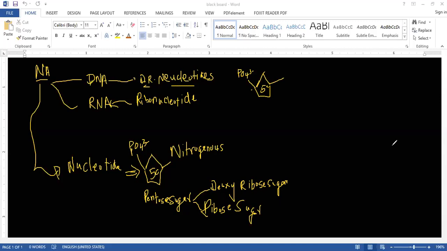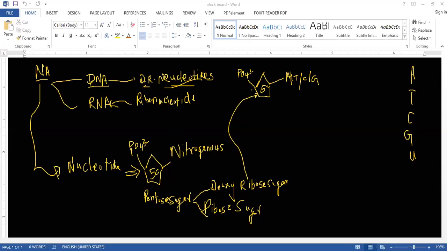And there are five types of nitrogenous base: adenine, thymine, cytosine, guanine, and uracil. Here in deoxyribonucleotide, you can find A, T, C, or G. And this sugar is called deoxyribose sugar. And altogether, you can say this is a deoxyribonucleotide. And when these deoxyribonucleotides connect, they form DNA.